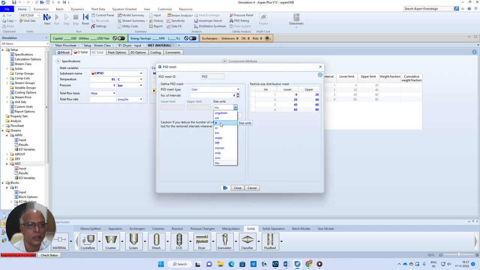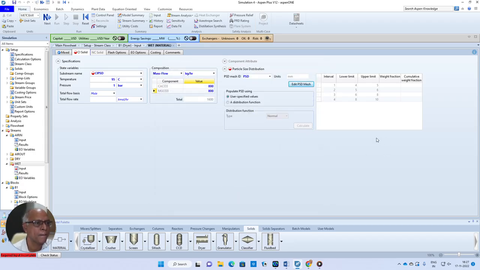The data is given in terms of millimeters, and the size in mm is from 4 to 5 mm, then 5 to 6, then 6 to 8, 8 to 10. This is the range.